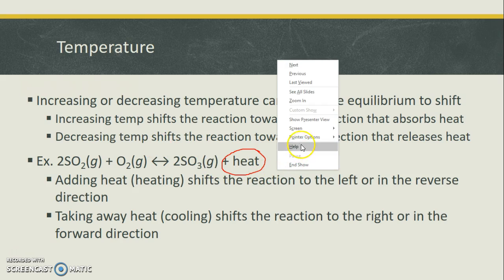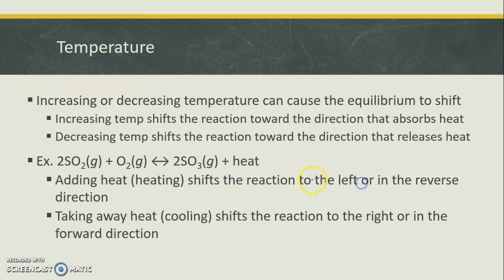We should already know from previous conversations that if heat is written on the right, if it's going to the right, then heat is being produced, it's coming out. And if we're going to the left, well, then heat is going in. It's going in as a reactant. So if we add heat, if we raise the temperature of this reaction, then we've got to head to the left to take away heat.